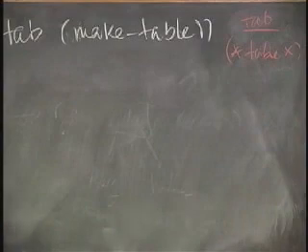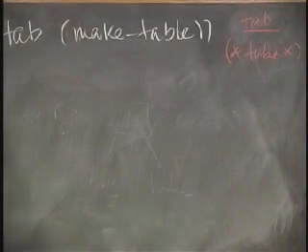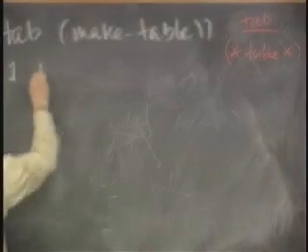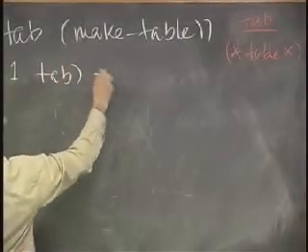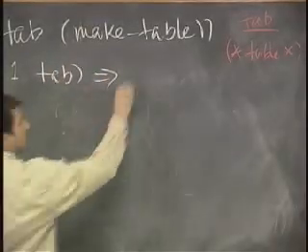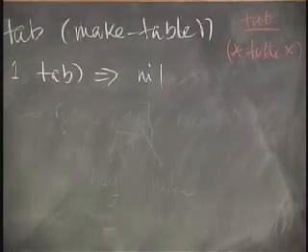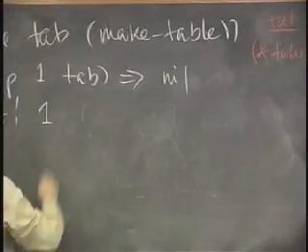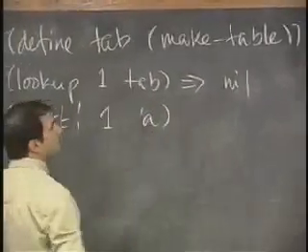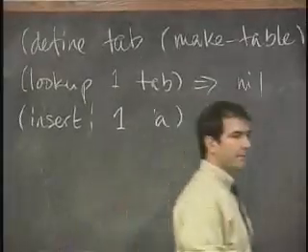If we now attempt a lookup of 1 in tab, what is that going to return? Right. If I now do insert bang of 1 and A, what does table become?